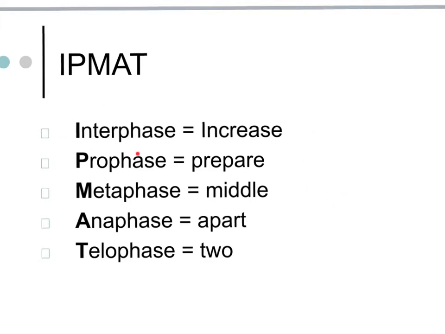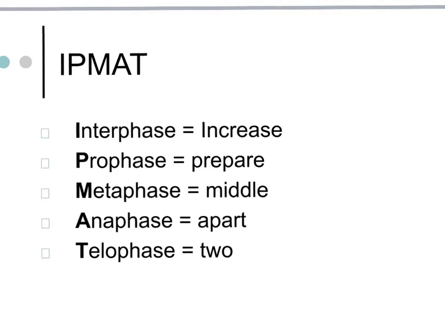And interphase is that phase before mitosis where it's preparing for mitosis. What you will need to do is be able to describe what is going on in each phase, as well as be able to correctly identify the phase if given a microscopic image or a photograph. So let's get into that.